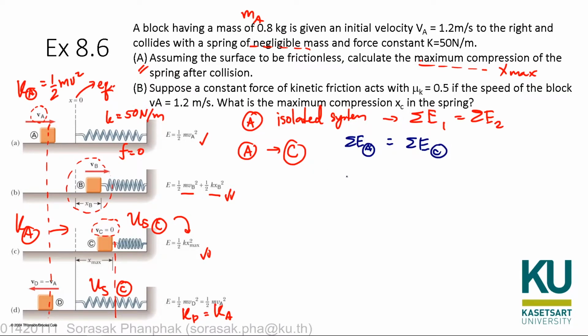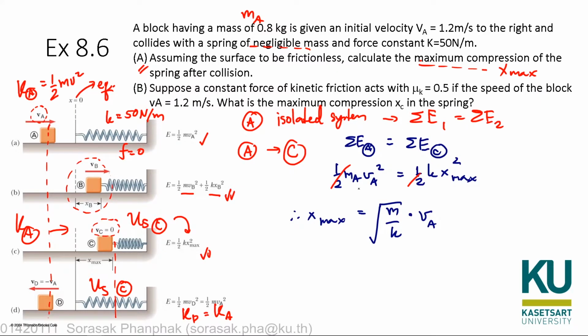Now EA is 1 over 2 MA VA squared equal to 1 over 2 K X max squared. So your X max is equal to the square root of M over K multiplied by VA. Right, we arrange this term.